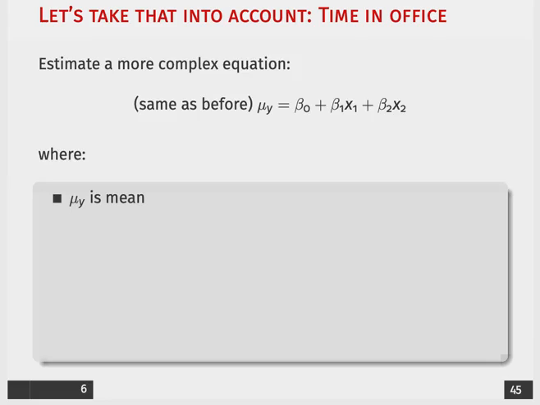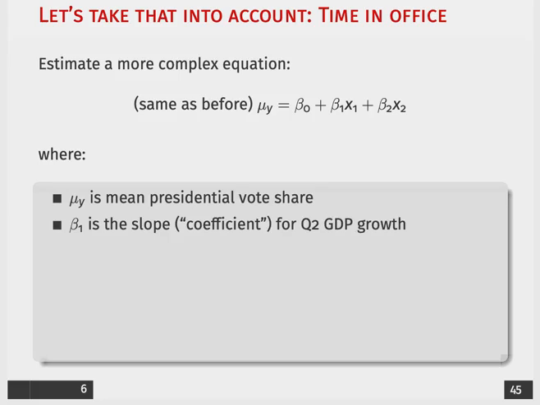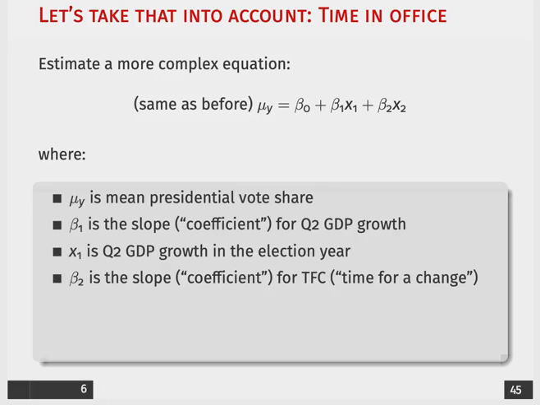And again, just to remember what the symbols are here, mu y is the mean presidential vote share. We're predicting that, right? We're predicting the relationship that Q2 GDP growth has on presidential vote share, where x1 is the actual data point that we observe of Q2 GDP growth in that election year.